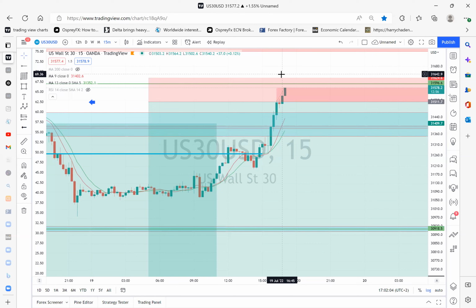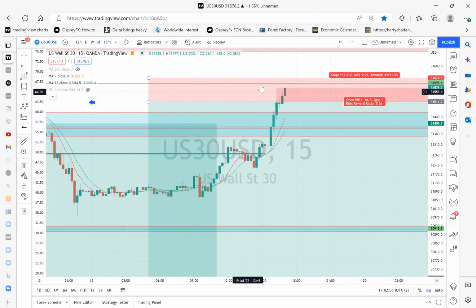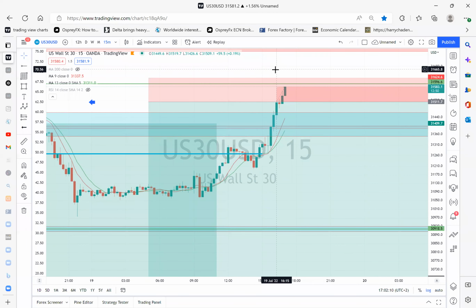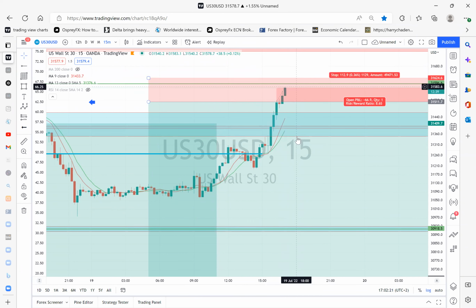So if it hits your buy, you're still going to be negative whatever amount you would have lost, but you didn't lose it because you're still active in the trade. If this goes up another 500 points, you would still be down the same amount. Once the market gets to a point where it starts pushing in your direction, then you can start cutting off the buy trade and you'll just start going in profit on your sell.